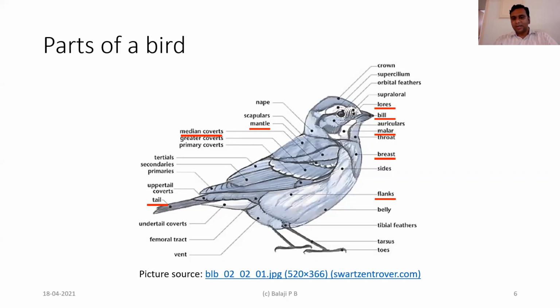Median coverts are sort of like a wing bar you see in pipits. And the tail. So these 6 or 7 parts we need to look at very carefully when trying to identify a pipit. I've marked those parts in red just for the sake of your understanding. The illustrations are sourced from the internet, given the source below.